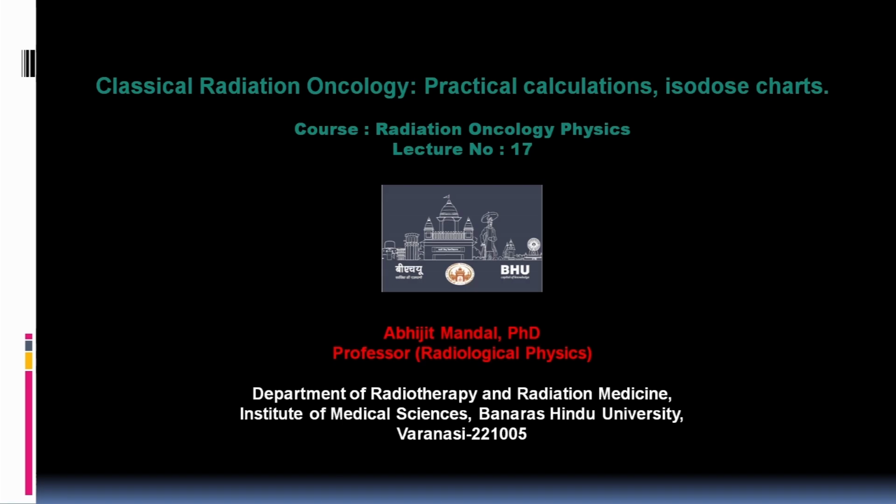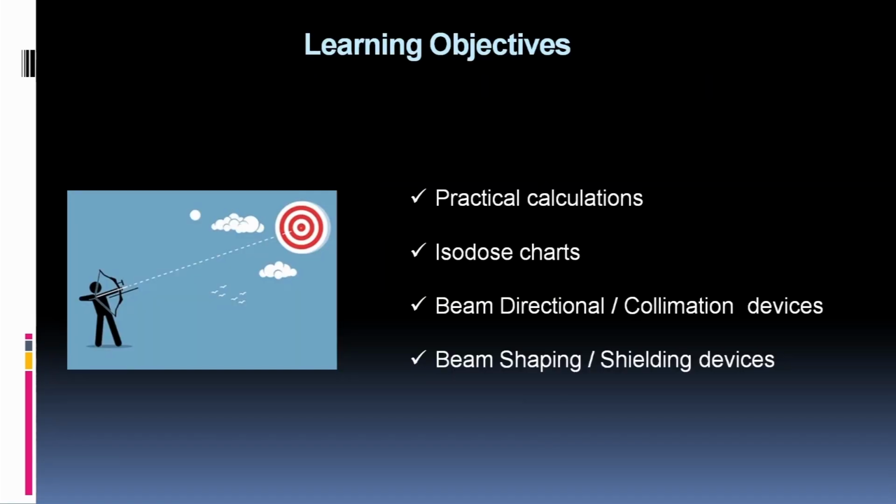The learning objectives of our class are practical calculations and isodose charts, and we will also discuss some devices, such as beam directional and collimation devices, and beam shaping and shielding devices. These devices are applied as per our treatment needs.